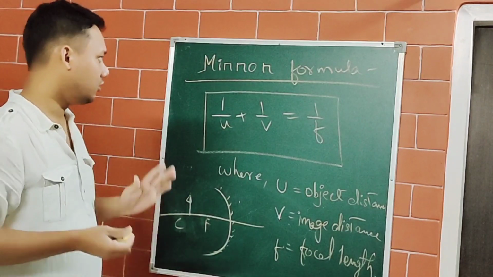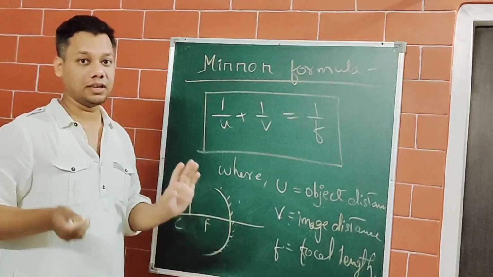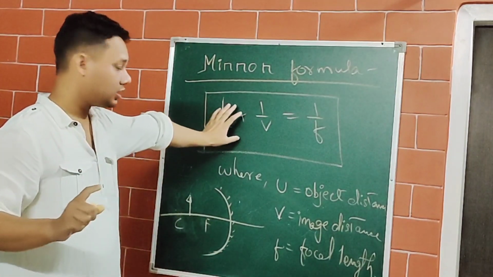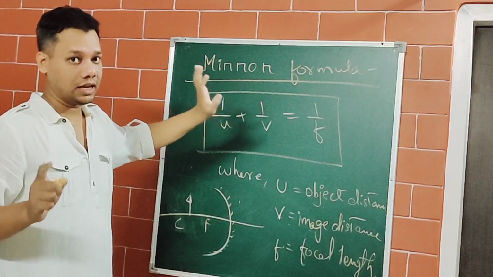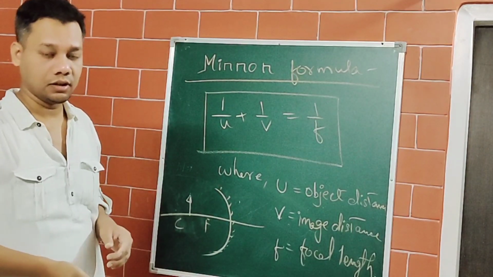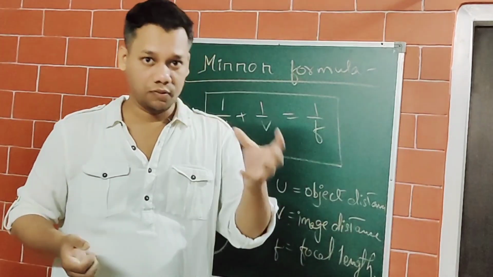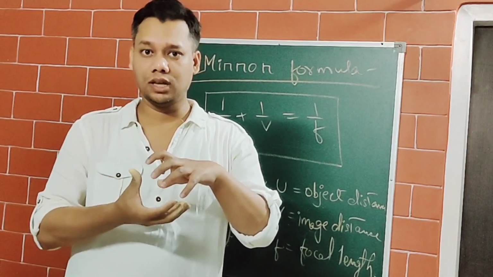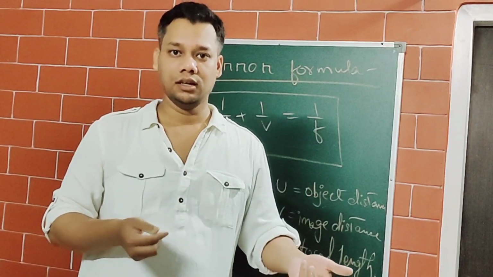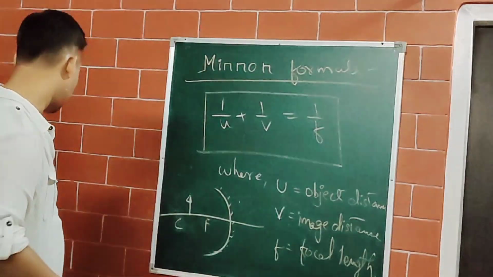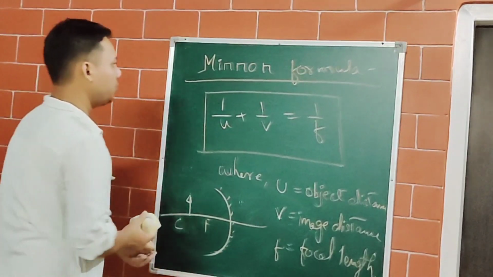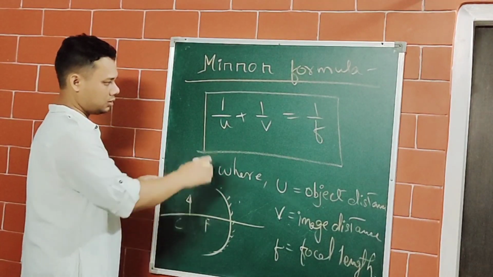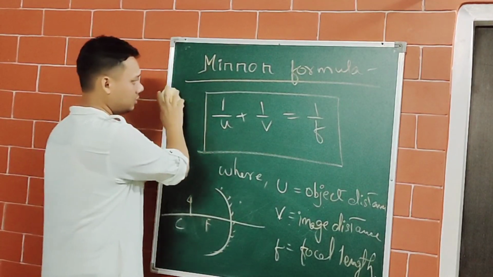We cannot directly use this formula. We will have to use the sign convention. When we learn mirror formula and sign convention, we have to combine both and use the formula. We will see it in a later section. This is the mirror formula.